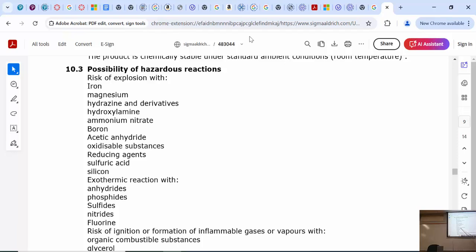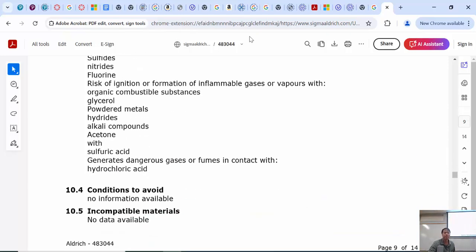Here, silicon, anhydrides, phosphides, sulfides are really good. Nitrides, yes. Fluorine's not a great reducer, but this is kind of a random list. Well, we're looking at reducing agents, so we have to be very careful. It's a strong oxidizer. That's telling us.